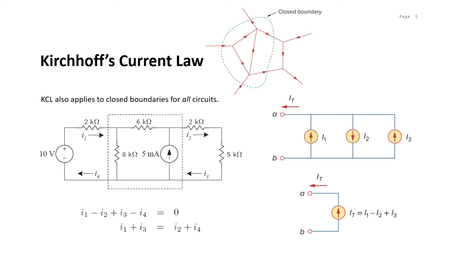For example, the current sources shown in the circuit on the right can be combined as in the figure at the bottom, and the combined or equivalent current source can be found by applying KCL to node A. I1 is entering node A and I3 also is entering node A, whereas I2 is leaving. So that's why it is I1 minus I2 plus I3. This is the equivalent.